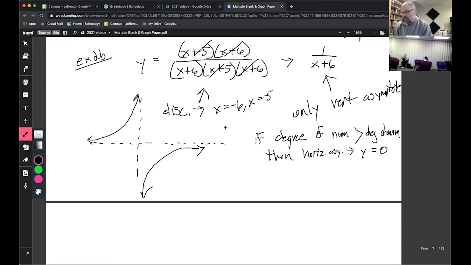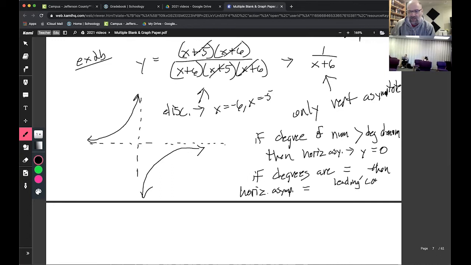So now, if the degrees of the numerator and denominator are equal, then the graph has a horizontal asymptote of y equals a over b. Now let me tell you where a and b come from. If the degrees are equal, then the horizontal asymptote equals the leading coefficient divided by the leading coefficient of the denominator.